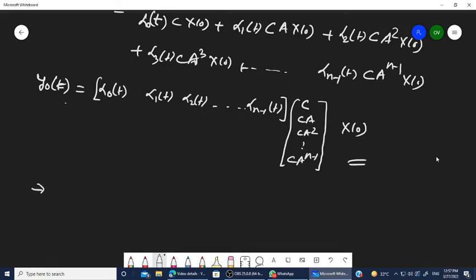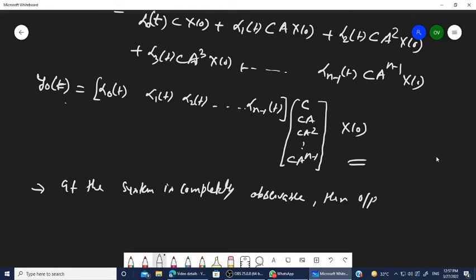So I'm writing here, if the system is completely observable, then output y naught t can be uniquely determined, right?